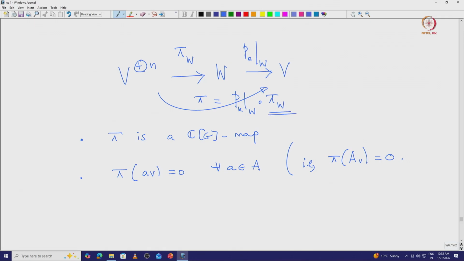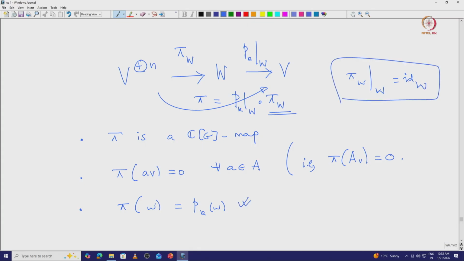So, now if you are taking some w in W, then what will happen? If you take pi W, this is going to be exactly given by Pk w, because pi W restricted to W is indeed identity on W. So, using this you can conclude this. In particular, pi is actually a non-zero map.